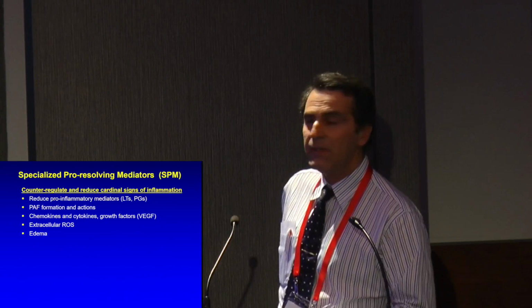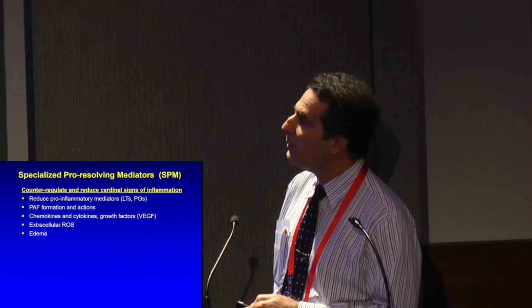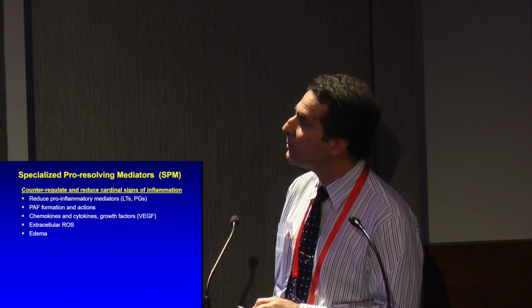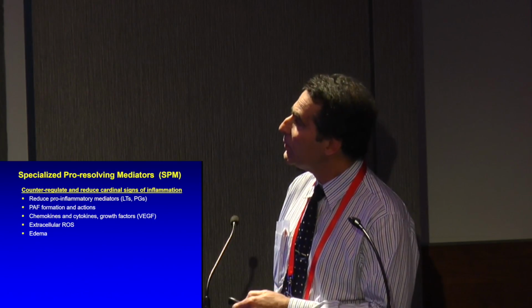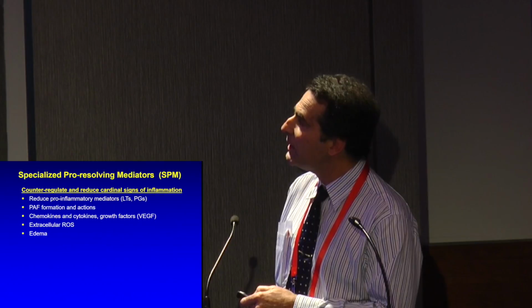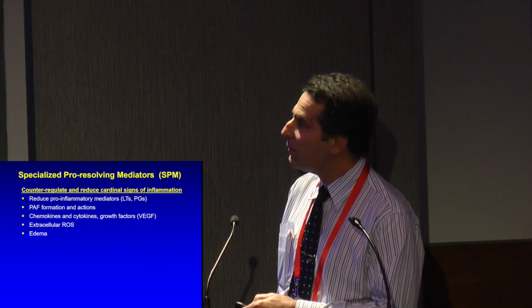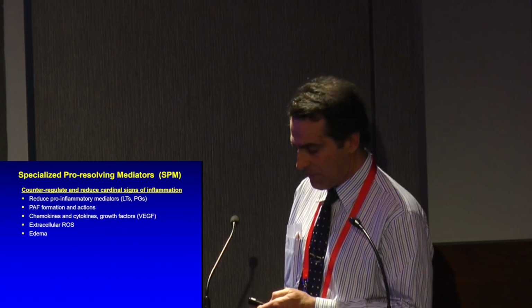Importantly, they counter-regulate or attenuate a number of the pro-inflammatory mediators, such as the leukotrienes and prostaglandins. They also attenuate the formation of platelet activating factor, chemokines and cytokines, reactive oxygen species, and edema.